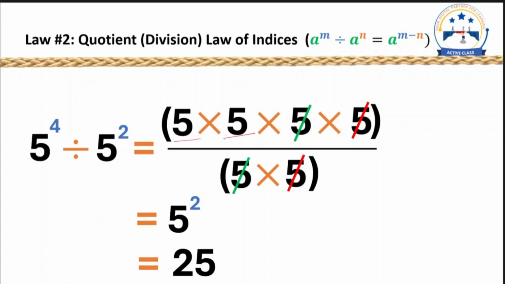That means 5 times 5, which is 5 power 2. See? This 5 power 2 can be obtained if we subtract this 2 from 4. 4 minus 2 is 2. Means, in case of division, we simply subtract the exponents.